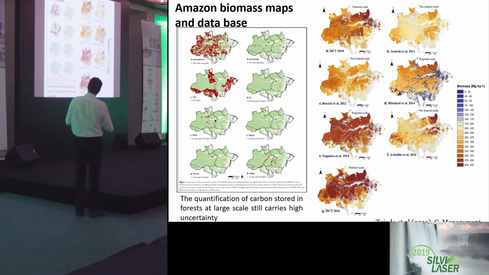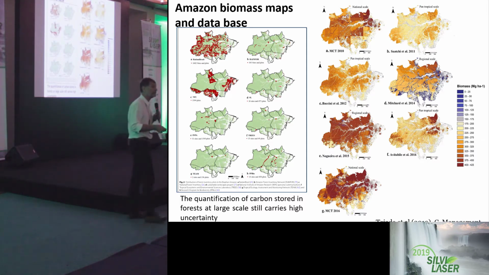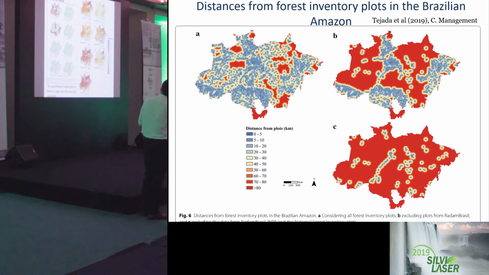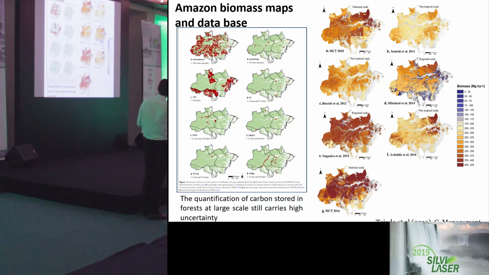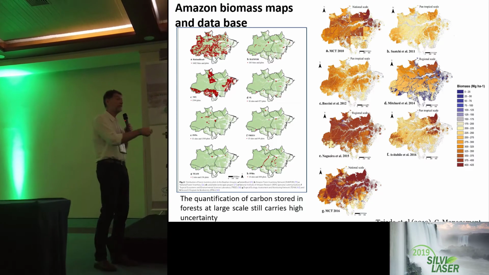We can't really see it very well, but this is how different sorts of data are available in the region. We see all these red dots here. This is the first large inventory survey in the Amazon region, conducted by the Army in the 1970s. It's very broadly distributed in the region, but with a specific bias.